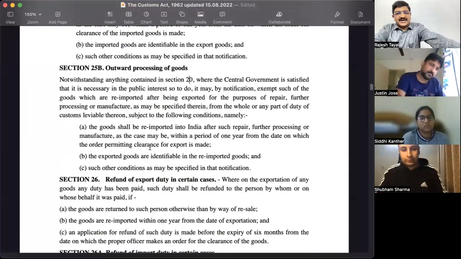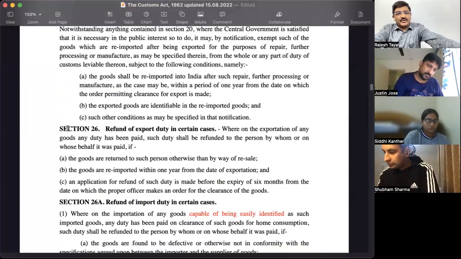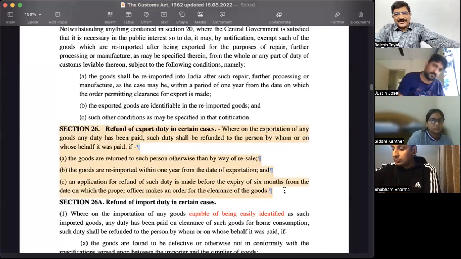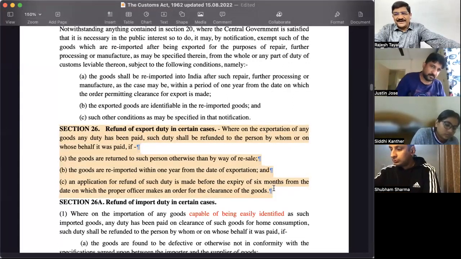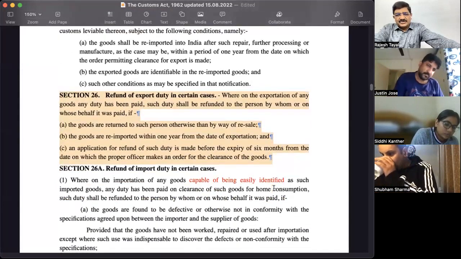Now we move to the next section, section 26, and that we have already done, refund of export duty in certain cases. This we did yesterday only, along with section 20. So we will not be doing it again.